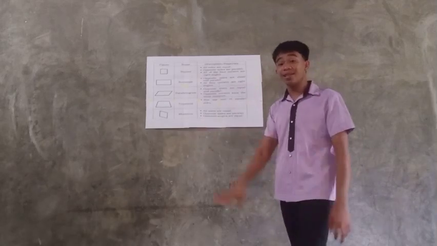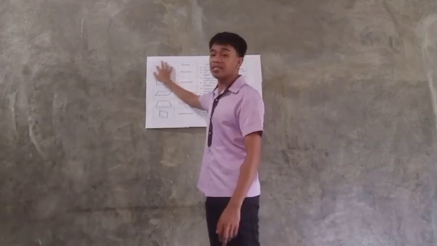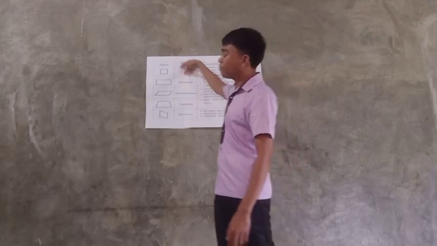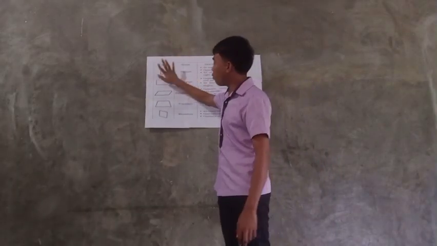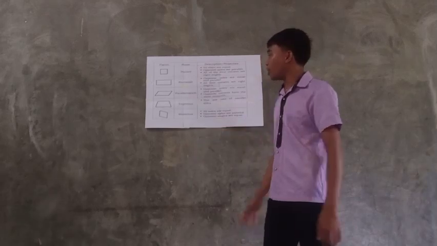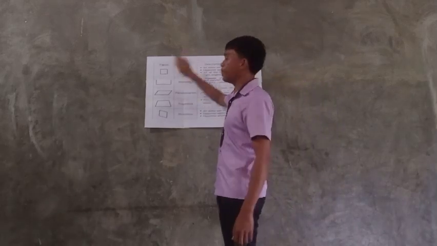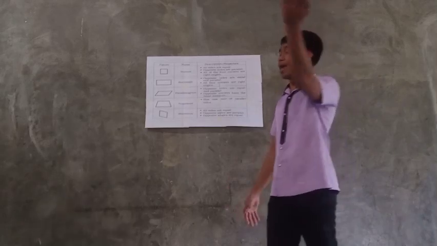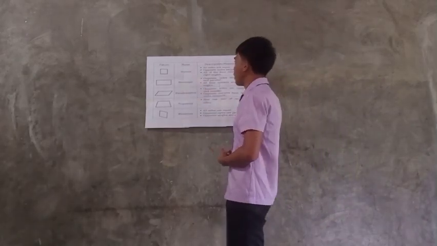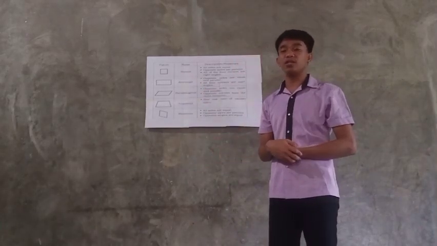So the quadrilaterals. As you can see, the shapes on this table have four sides, four corners, and four angles. For the first figure, what is it called? Okay, very good. It's called the square. And what is the description of the square?